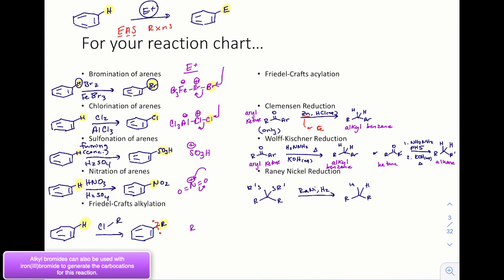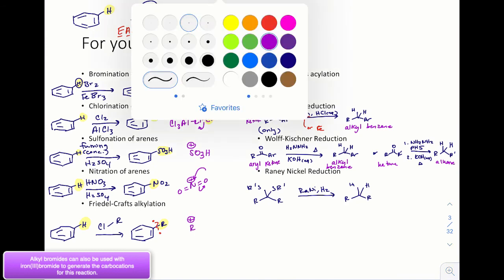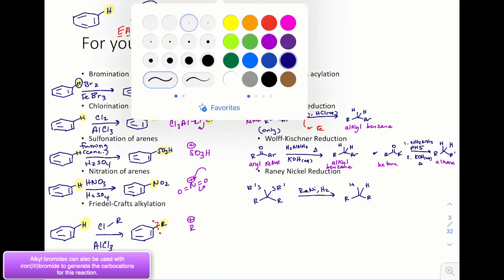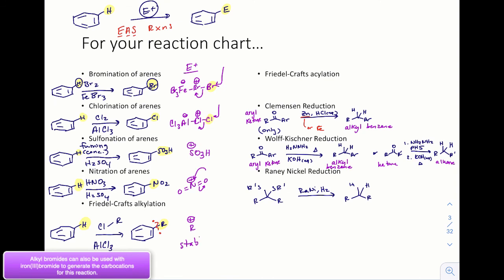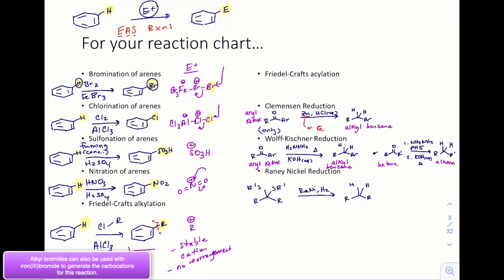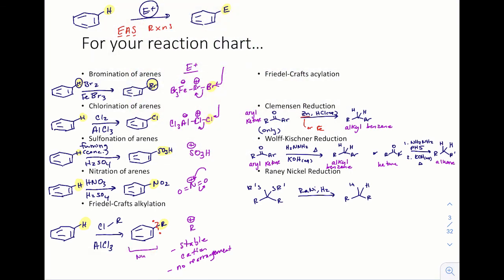Now, what was important about the Friedel-Crafts alkylation is that it did require a stable carbocation that does not rearrange, or if it does rearrange, that rearranged cation is the one that generates the desired product. And then because there are so many limitations with the Friedel-Crafts alkylation, including the fact that the alkyl benzene is even a better nucleophile than benzene itself, and so there can be additional alkylations, this reaction is typically one that we try to avoid when we can, and we're really careful about it.